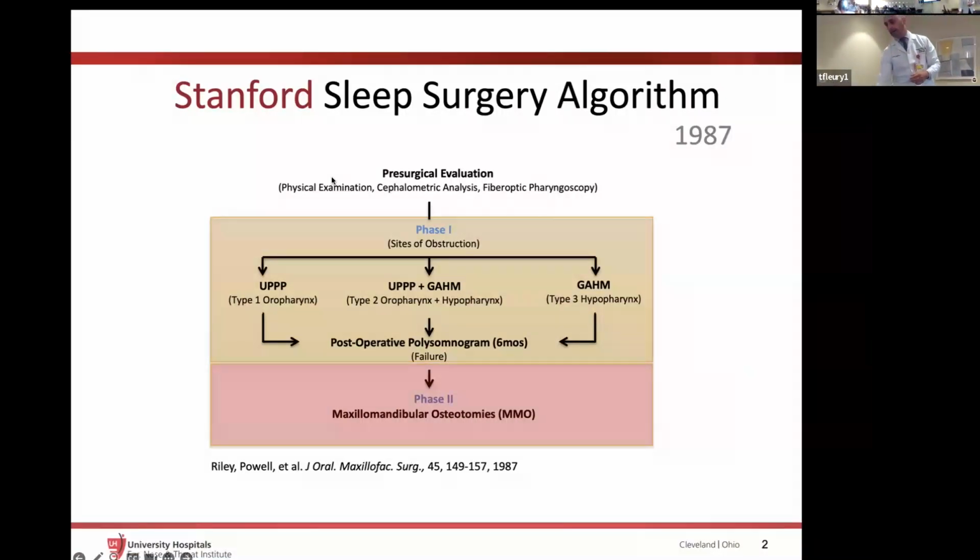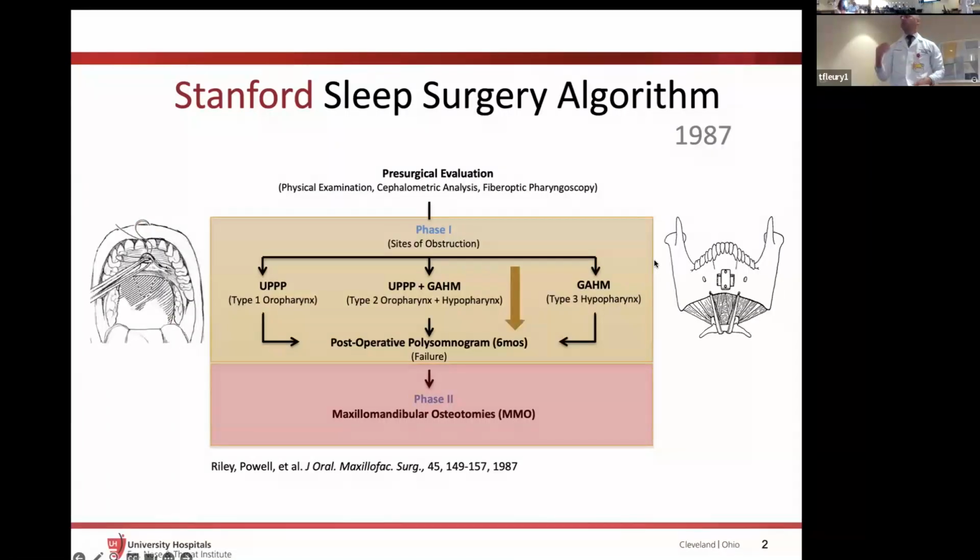Even from the classical sleep surgery algorithm, all the way back to 87, we would need to know where occlusion is happening, for instance, if it's in the oropharynx, or oropharynx and hypopharynx, or just hypopharynx, because this will guide how to approach sleep apnea through surgery.